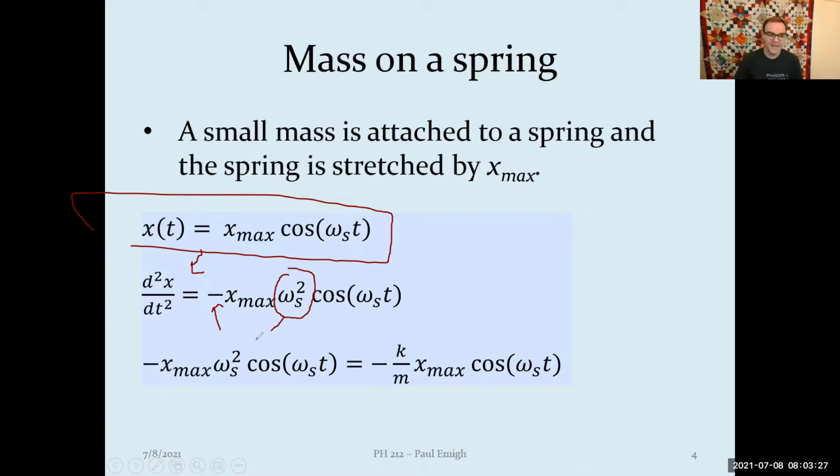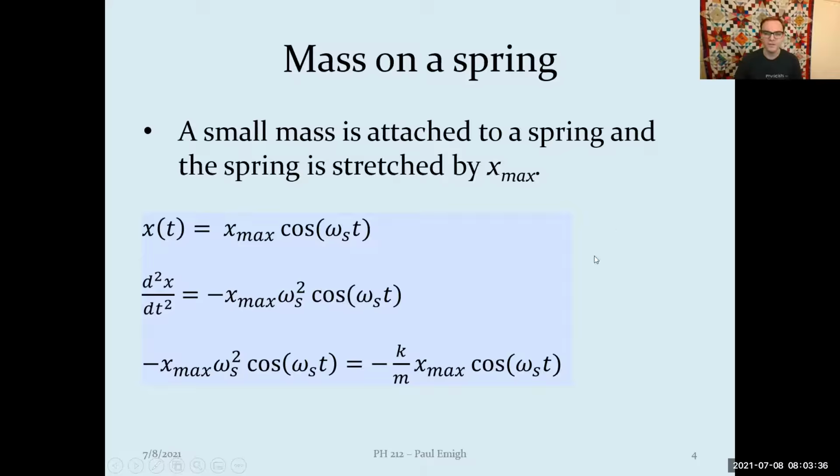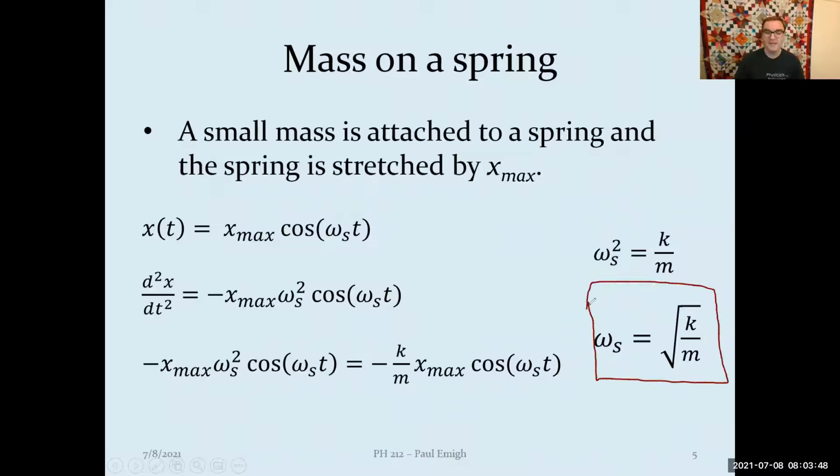And so when you plug that in down here, we can leverage this equation to write down what omega is in terms of other quantities that we already know. And it turns out for a mass on a spring that the angular frequency, omega sub s, is equal to the square root of k over m, where again, k is the spring constant and m is the mass of the thing attached to the spring.